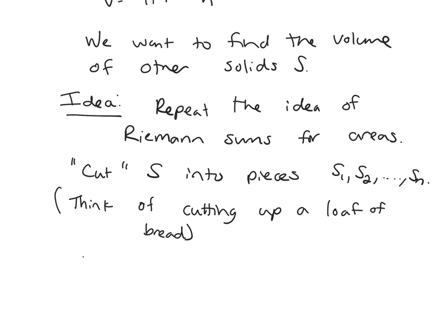So approximate each Si by a cylinder. Okay, so we're just really redoing the idea of Riemann sums with areas, but we're doing it here with volumes, and we're using cylinders instead of rectangles.